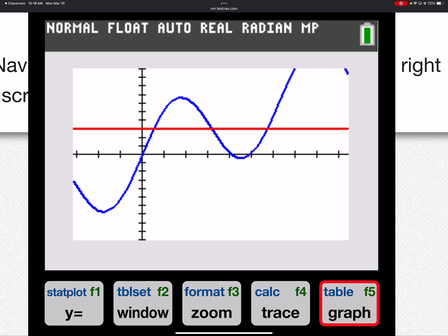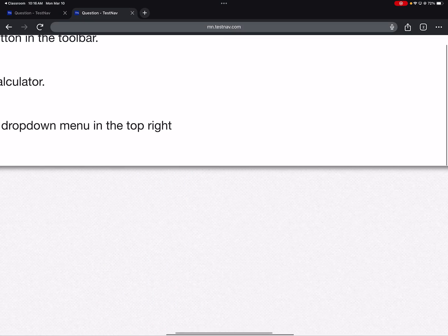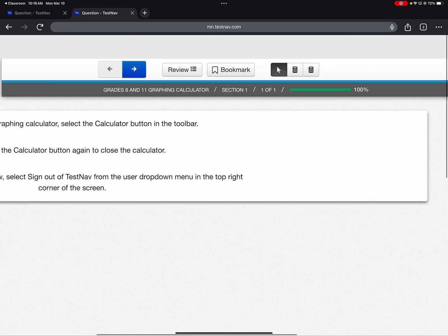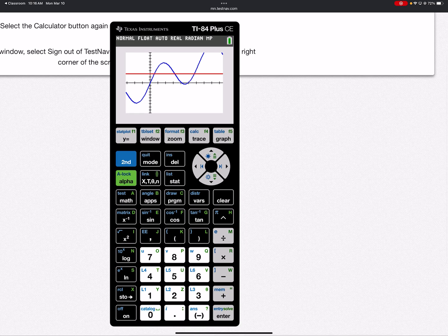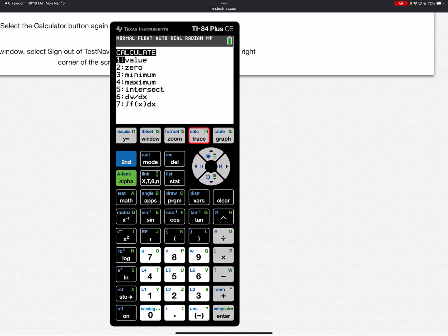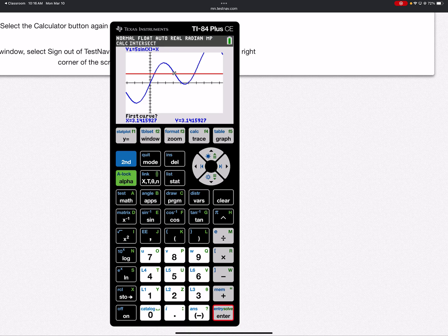The way we figure that out is, write this down in your notebook: you're going to do second, trace, intersect. Okay, now here comes the cool part. Your calculator is really smart.